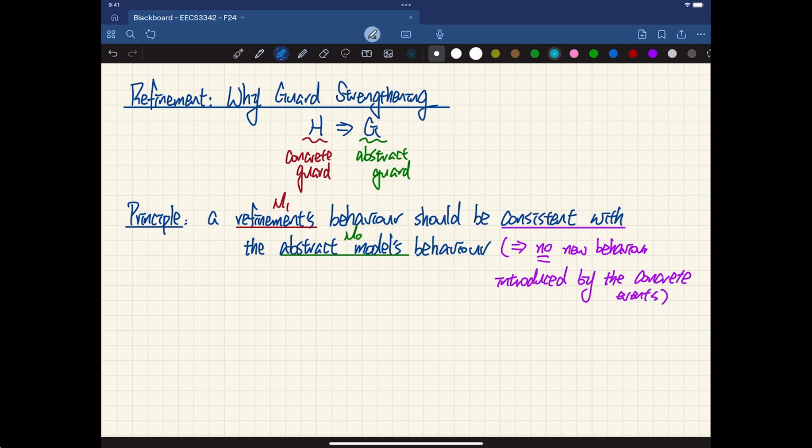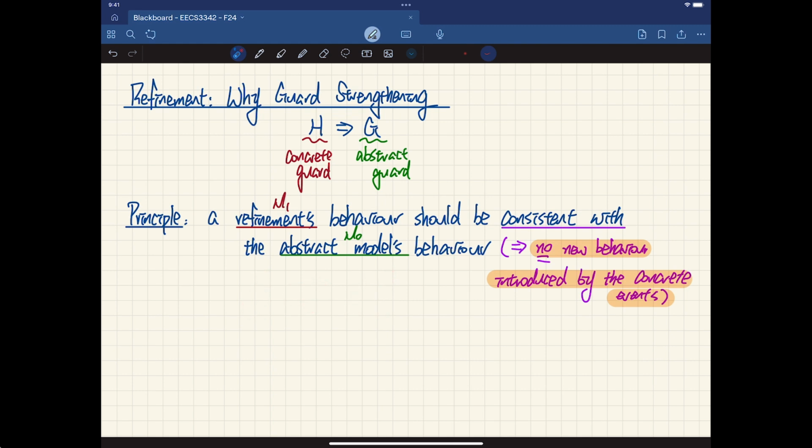So this might be more relevant to the rule. No new behavior should be introduced by the concrete events. That's a principle. That's why H implies G should be the case. Let's talk about the other way around, which might be commonly confused. Why G implies H doesn't really work. That's important to see.